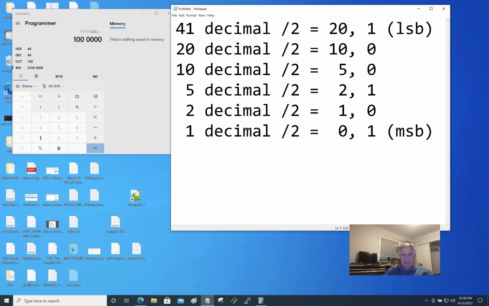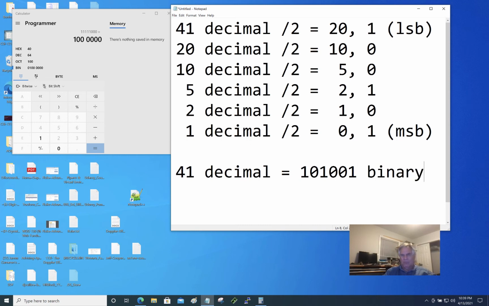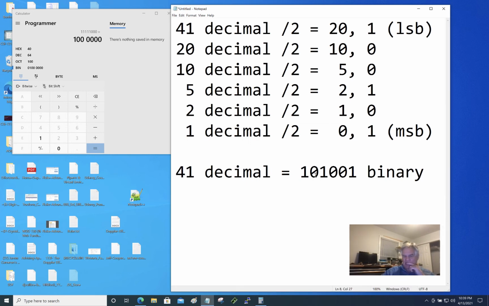And so our number, 41 decimal, is equal to 101001 binary. Now, that's great, but we wanted to subtract 41, so we've got to find the 2's complement of this thing. And that's kind of why we're using 7 bits up here.